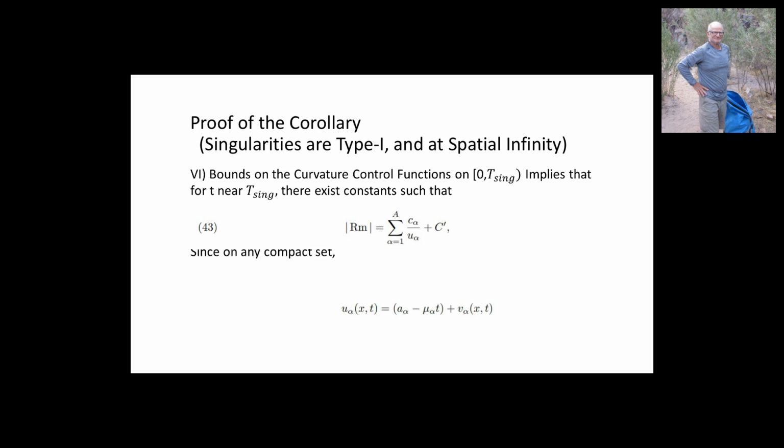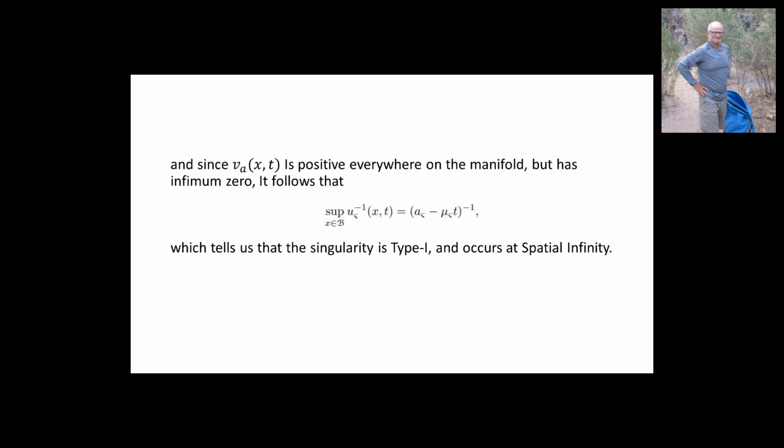Since we know on a compact set that we have this formula for u alpha equal to a alpha minus mu t plus v alpha of x and t, and since we also know that the v alpha are positive everywhere on the manifold but have infimum zero, it follows that we can write a formula for the supremum of the u alphas in terms of the a alphas.